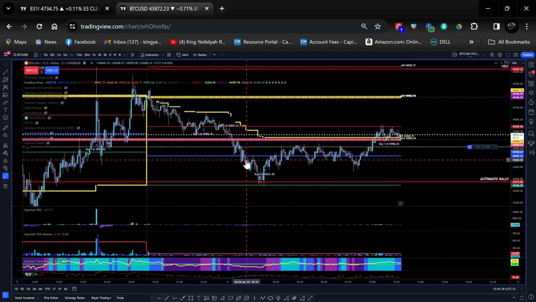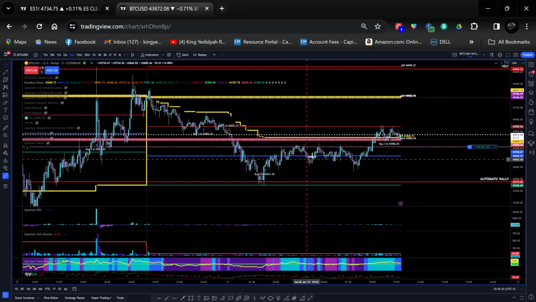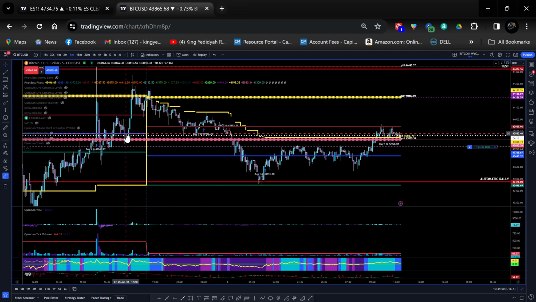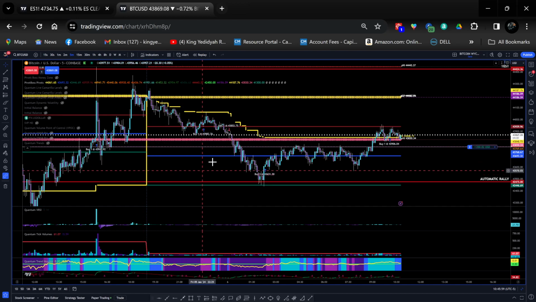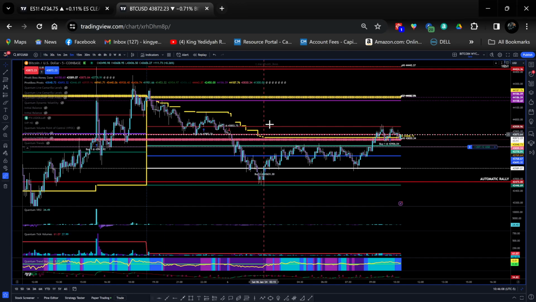We have central pivot here at 43,693.32, and prior central pivot was at 43,882.46, and top central is now at 43,939.96. So it's a little overlapping lower value relationship, which is moderately bearish, right? So we have a little conflicting setup there between money zone, market profile, and the central pivots, right?